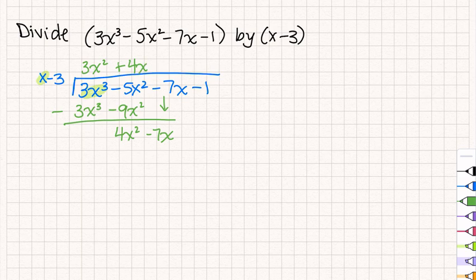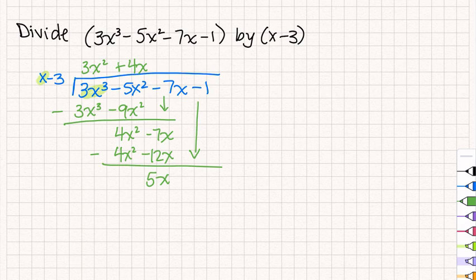Now we're going to multiply 4x by x minus 3, and we get 4x squared minus 12x. Now we're going to subtract. So 4x squared minus 4x squared is 0. And then negative 7x minus negative 12x, we get 5x, and then bring down the negative 1.